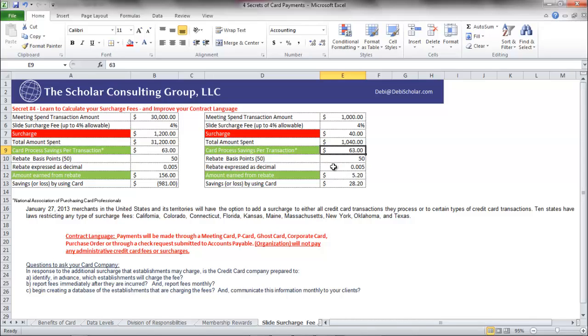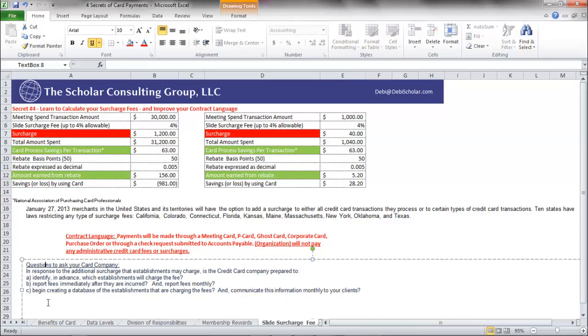Our rebate that we will get back on this transaction is $5.20 based on what our basis points are. So the savings that we will experience still by using a card is $28. So these are examples that you can use as you consider using a card going forward and making sure that the suppliers you use hopefully don't charge you those surcharge fees.